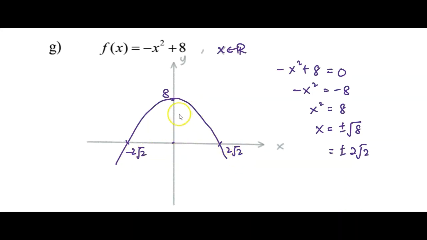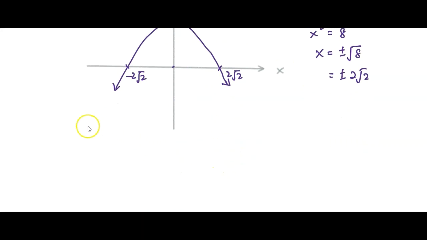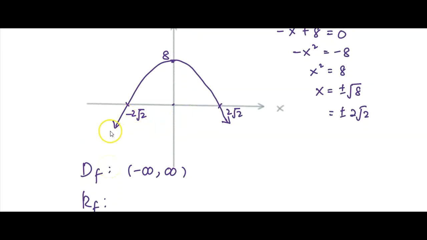Okay, so now we have completed our graph. Since the domain is from negative infinity to positive infinity, you can put the arrowhead to show that the graph is going down indefinitely. To find the domain, we just say that the domain is from negative infinity to infinity. For the range, we need to find the lowest point of the graph.